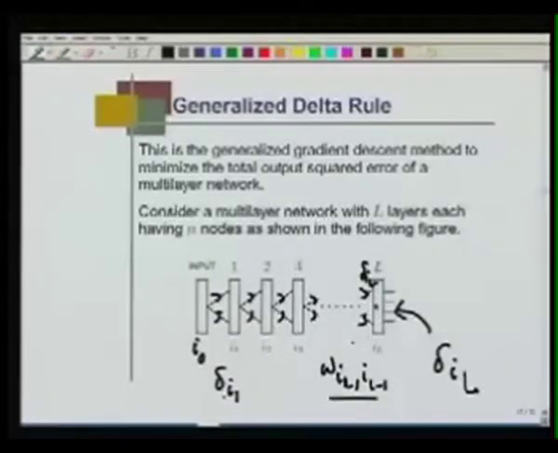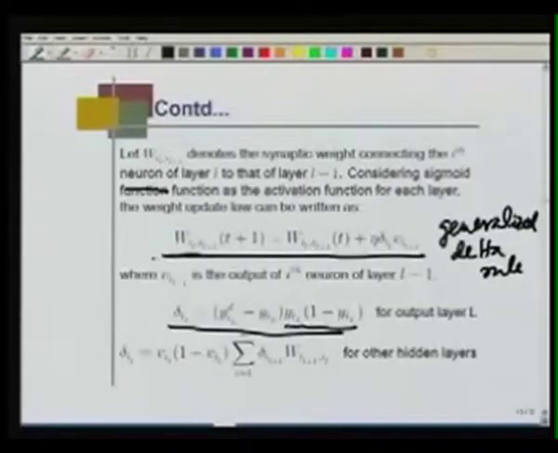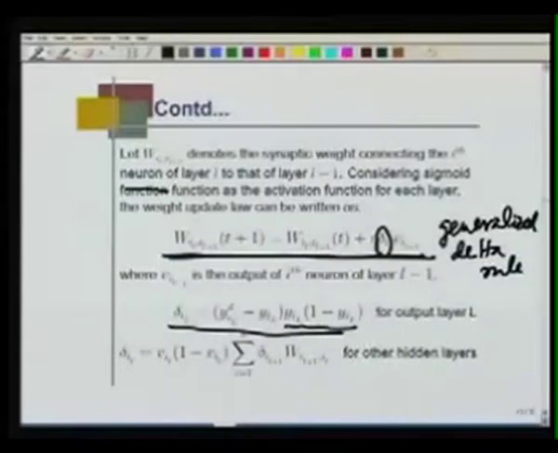Finally, delta_iL-1 is computed based on delta_iL. And the general form is for a typical weight between the Lth layer and the (L minus 1)th layer, the update rule, or delta W, is eta delta_iL into V_iL-1. So what you are seeing is that eta delta_iL V_iL-1.